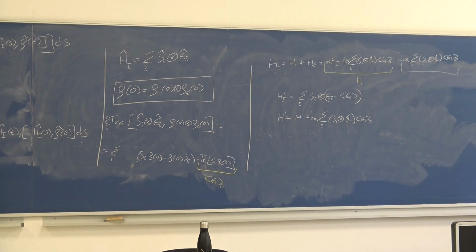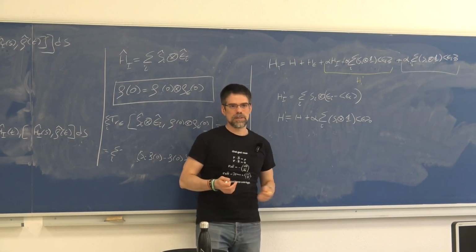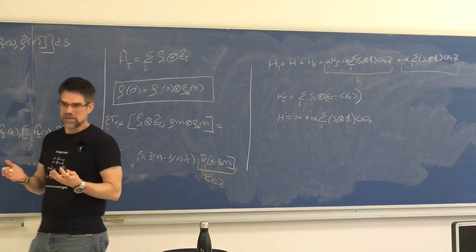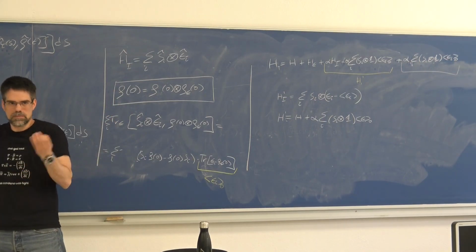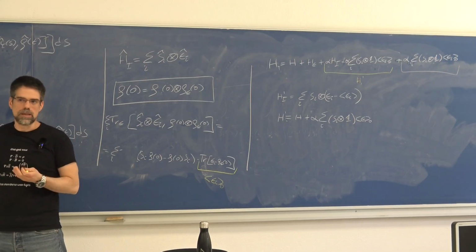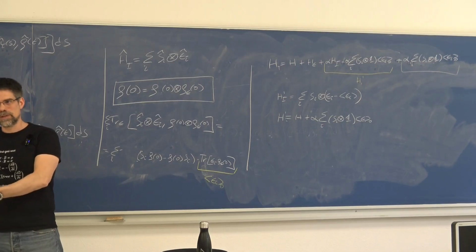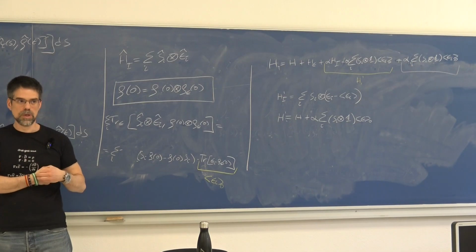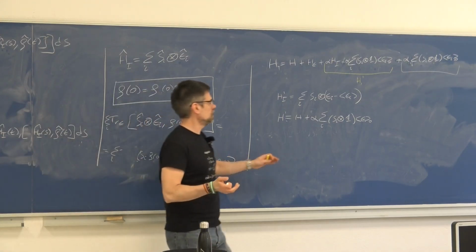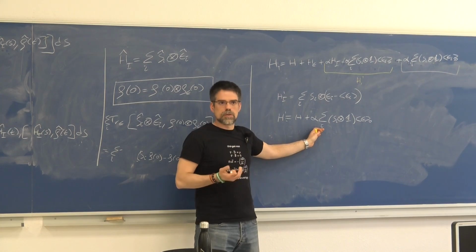This I'm not so sure about. You have to check for all possible system operators what happens, and so on. But in any case, I don't care. I just change my system Hamiltonian to another system Hamiltonian and keep working, because if I can solve the equation for one Hamiltonian, I can solve it for another. If it doesn't matter, it doesn't matter. If it matters, I get a new equation and I solve my new equation.